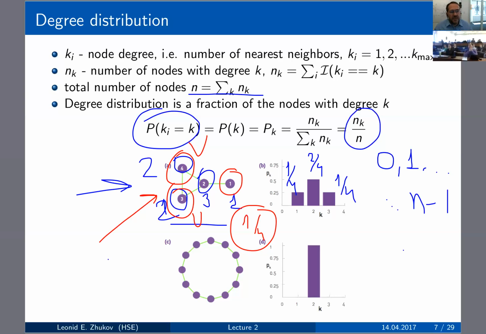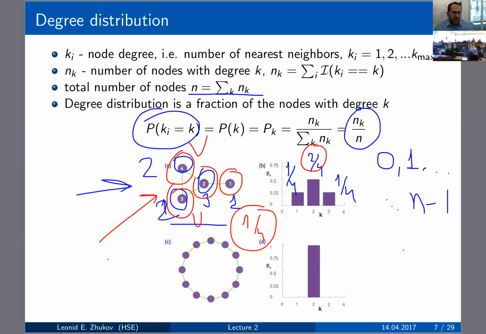So there are 2 options, and the probability of selecting each of them is 1/4. So the probability to select any of those is 2/4. And the same thing with this guy: the probability of selecting a node with degree 3 is just 1/4 because it's only 1 node like that.